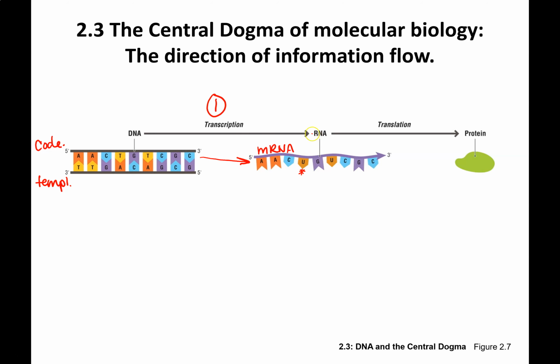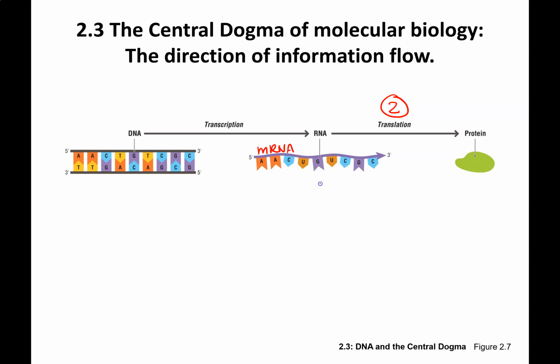So we talked about the differences between RNA and DNA, and we talked about the coding strand and the template strand. Let's talk about the second step in this pathway, which is translation. During the process of translation, we are going to take the information contained in our RNA molecule, which is still a nucleic acid, and turn it into information that can be used in the cell.